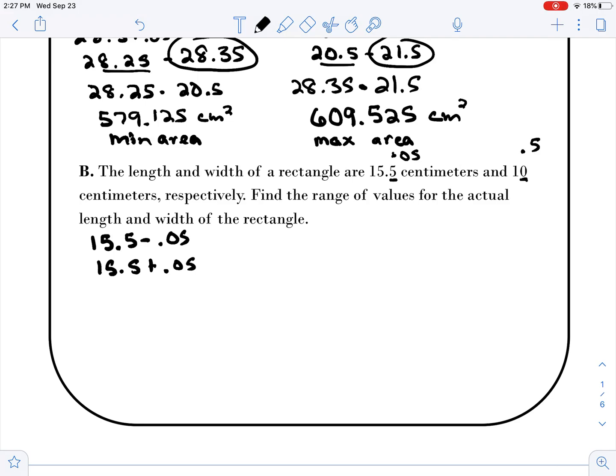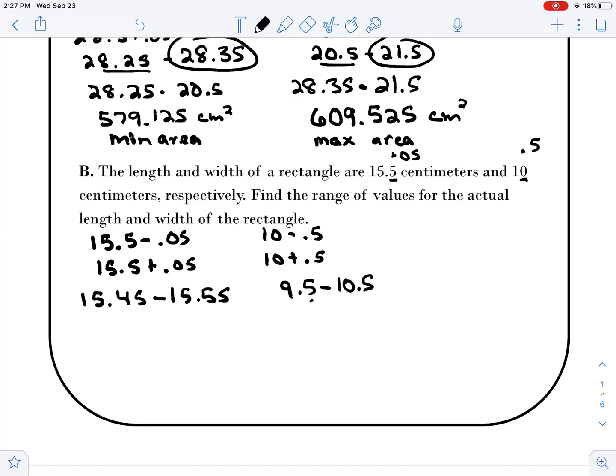Then we go 10 minus 0.5, and 10 plus 0.5. When we do that, we get 15.45 to 15.55. Here, 10 minus 0.5 is 9.5, and 10 plus 0.5 would be 10.5.